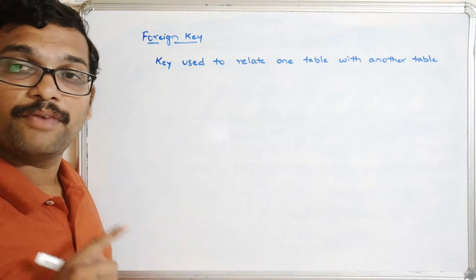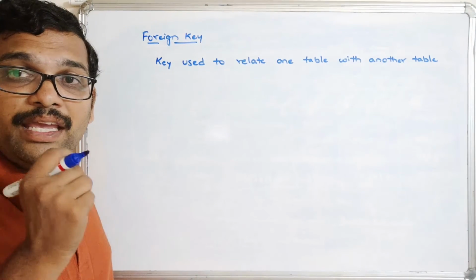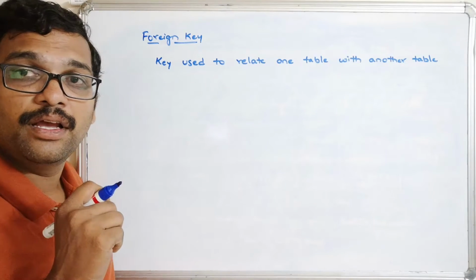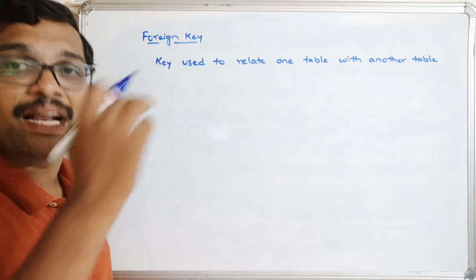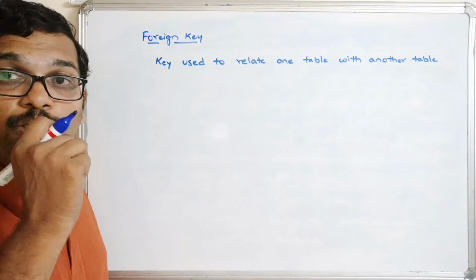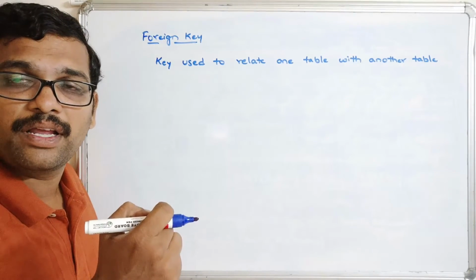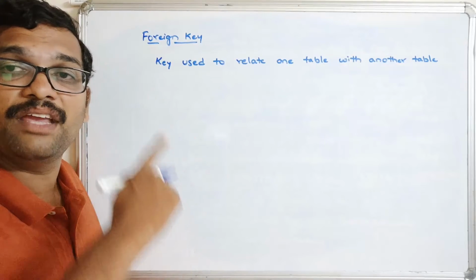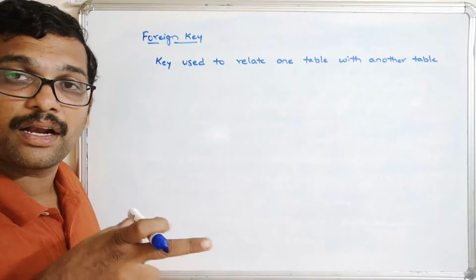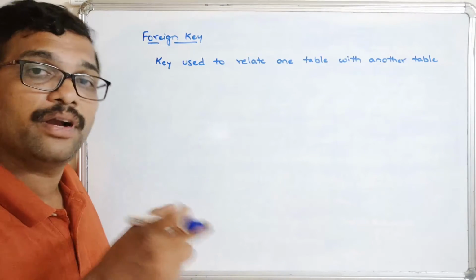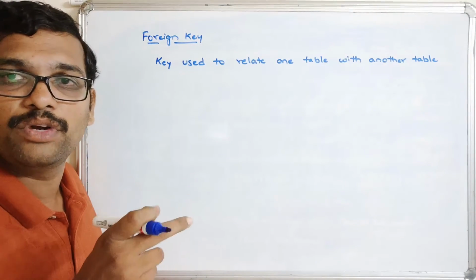A key will be considered a foreign key if it can be treated as a primary key in another table. So in one table the key will be a foreign key, in another table the same key will be a primary key. With that particular foreign key we are going to relate two different tables.